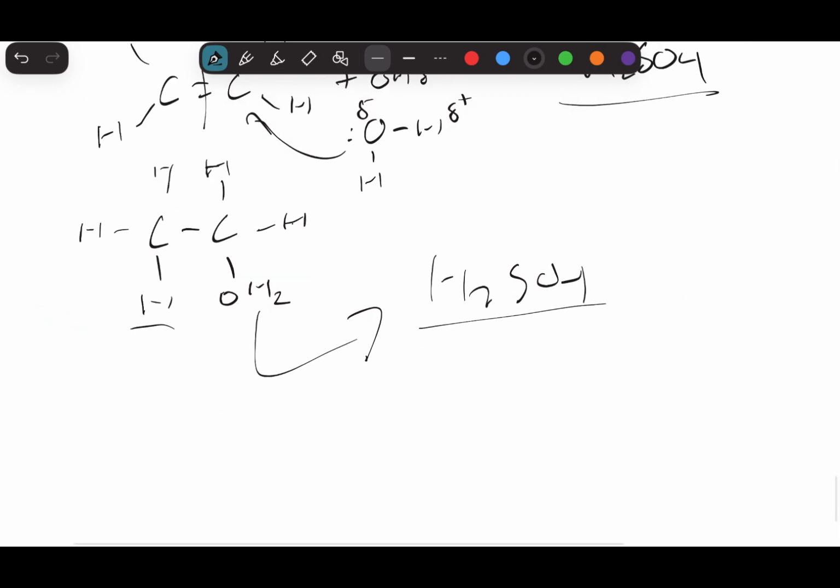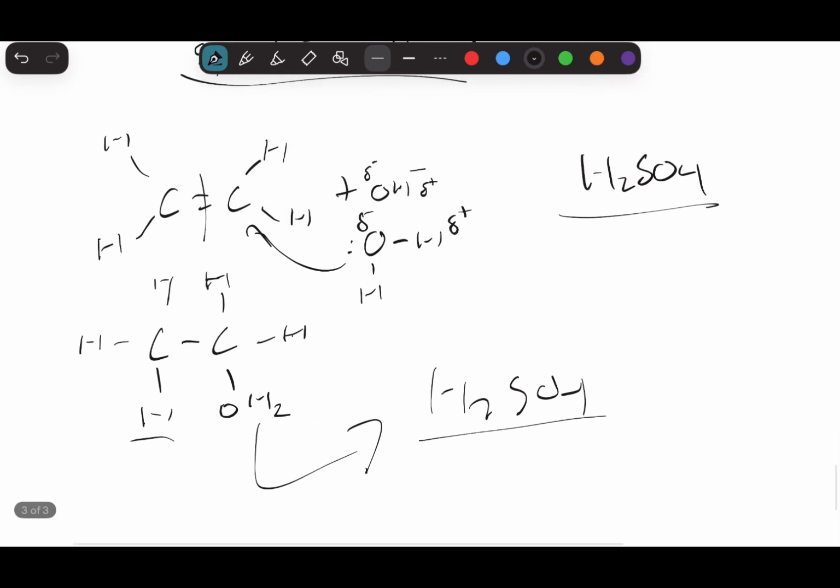Just note that it will be a catalyst of H2SO4. Nothing important, but just know that. And then that's really it. Just make sure that an alcohol is added in when you add water or H2O, and you need a catalyst like H2SO4.